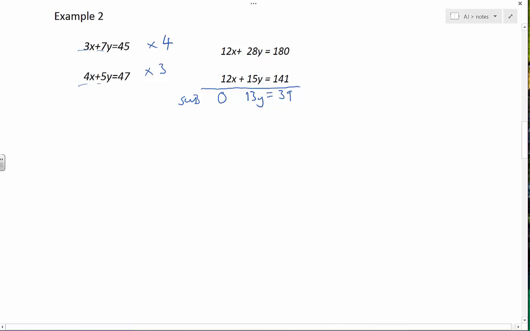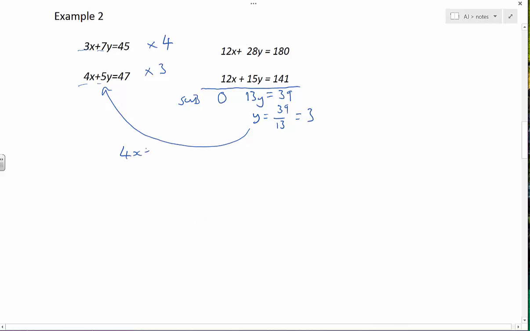And you can see what we've managed to do now is get rid of the x's, so we have a single equation in one variable, y. If 13y is 39, then y is 39 divided by 13, which is of course 3. Let's use that information and substitute it into either of the equations. Let's use the second one.